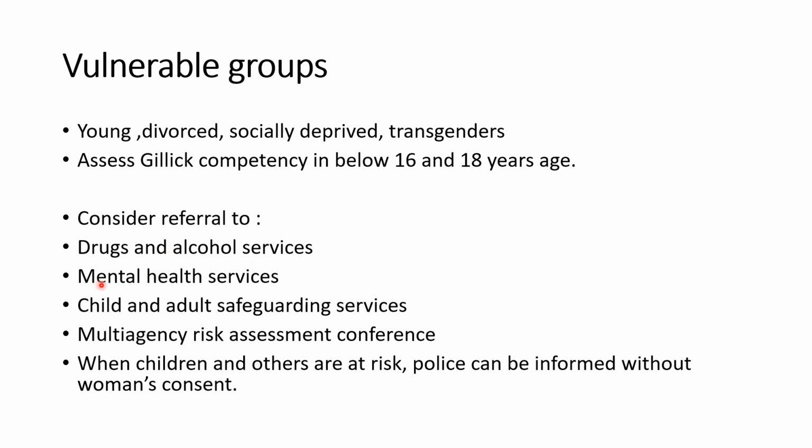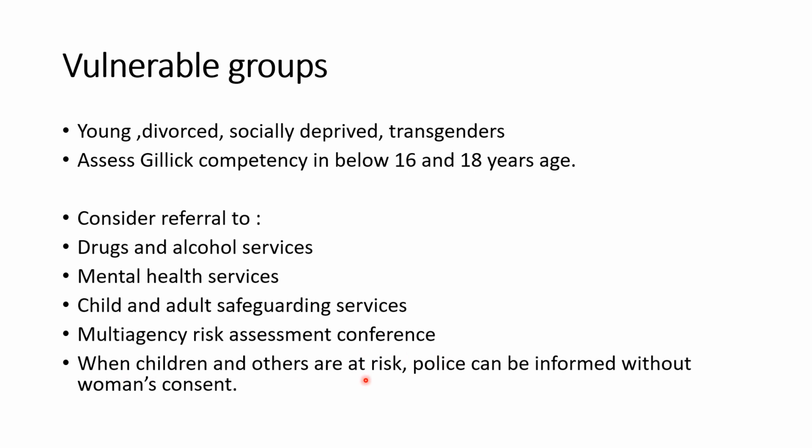You can refer them to mental health services, child and adult safeguarding services. Multi-agency risk assessment conferences are done for them. In these conferences, the upcoming policies are discussed, and they are very confidential conferences in which all the conditions of the woman, her circumstances, and the upcoming strategies for her are discussed.